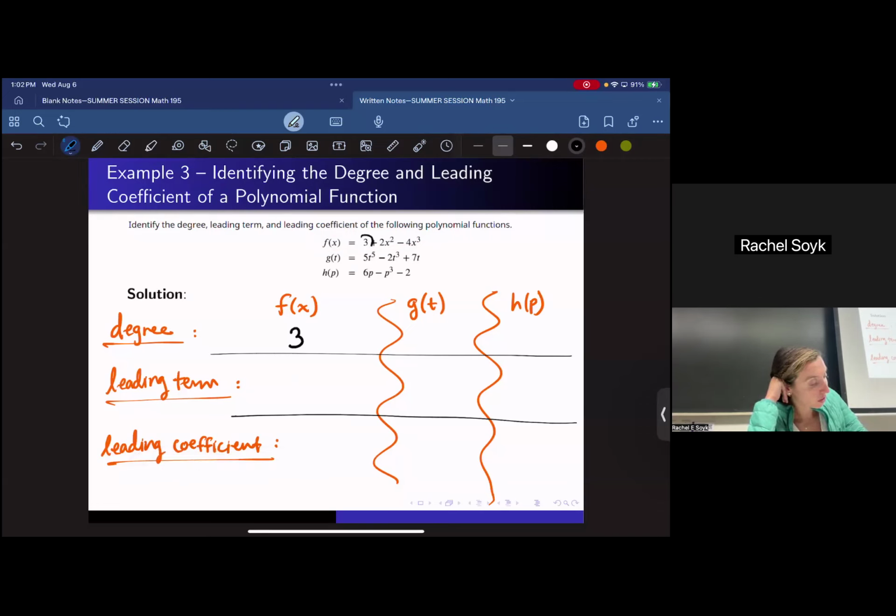So we have 3 terms here, but we're just asked for the leading term, which is negative 4x to the third. And then our leading coefficient is negative, what's the coefficient in front of negative 4x to the third? It's negative 4.